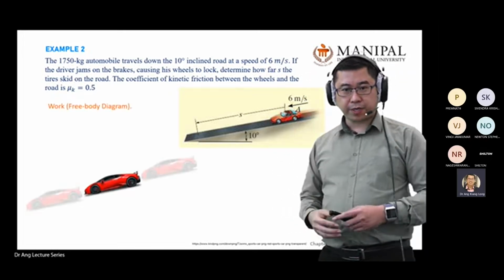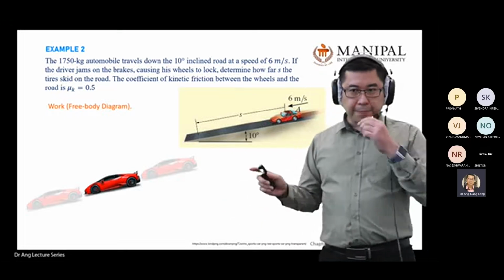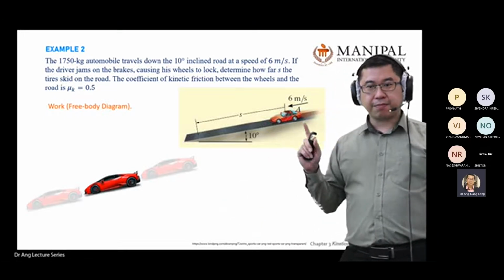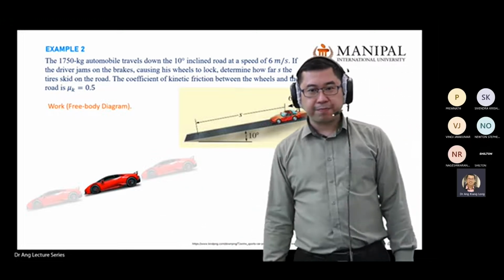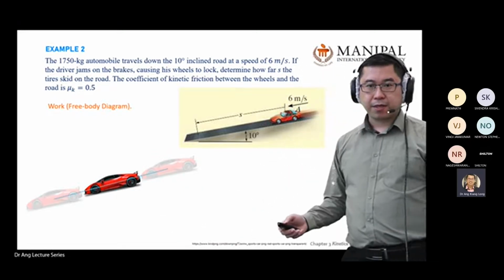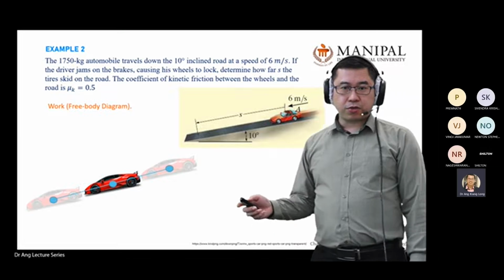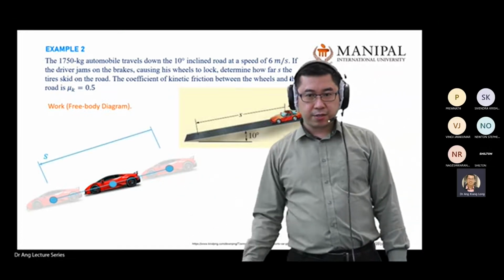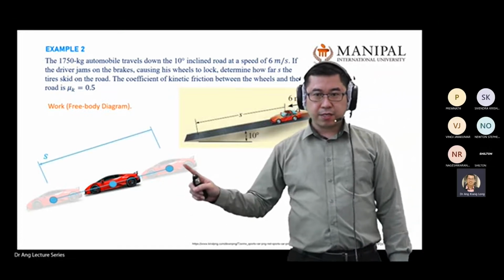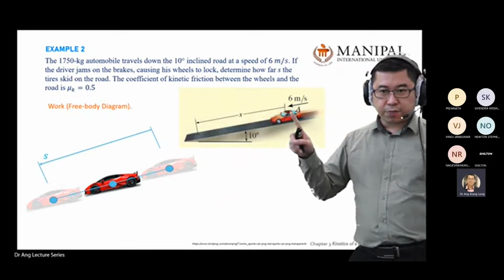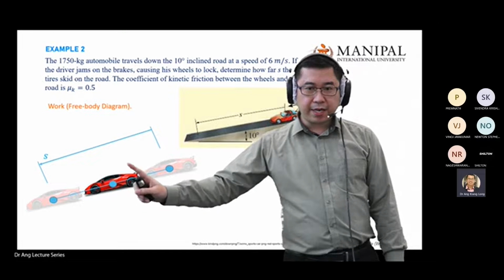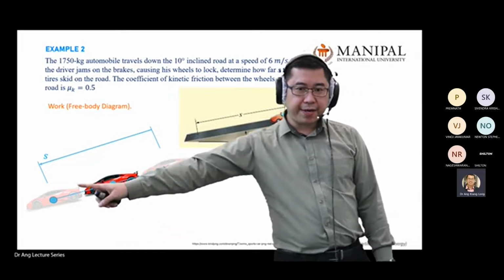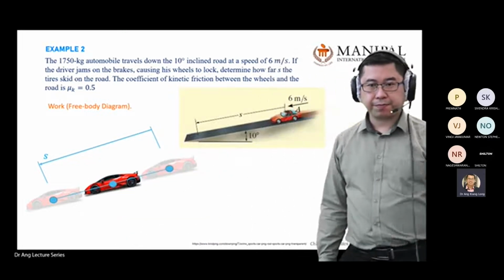So we draw a free body diagram. I couldn't find the same shape of car, so I just use a sport car here. I draw the axis. This is at the speed of 6 meters per second, then the middle point, and then the stopping point S here.